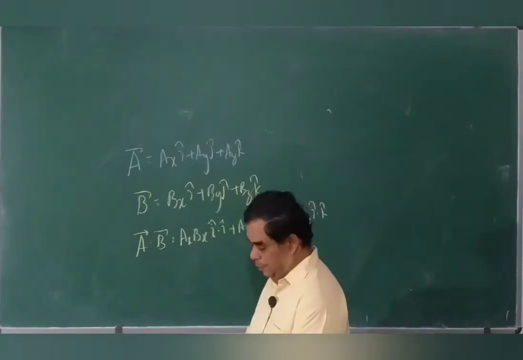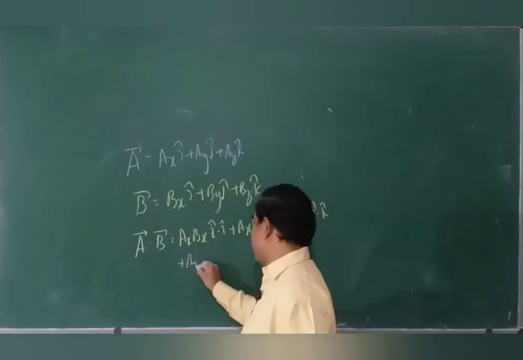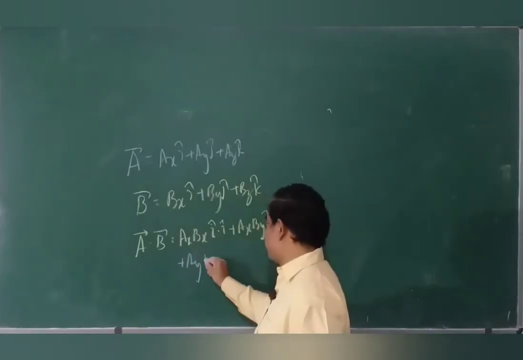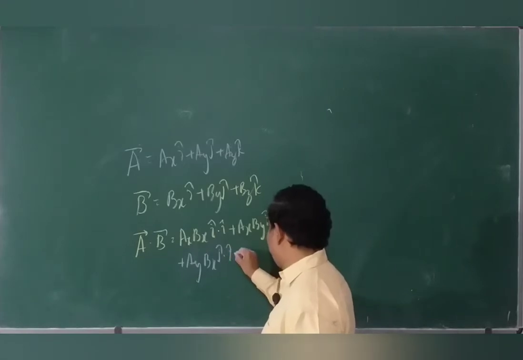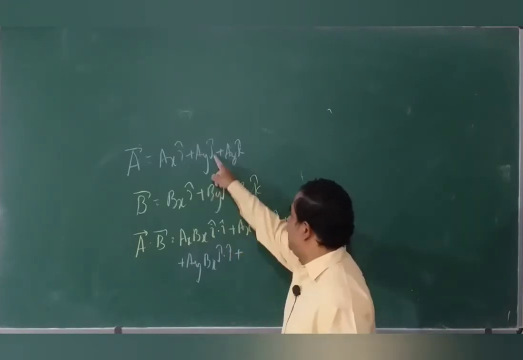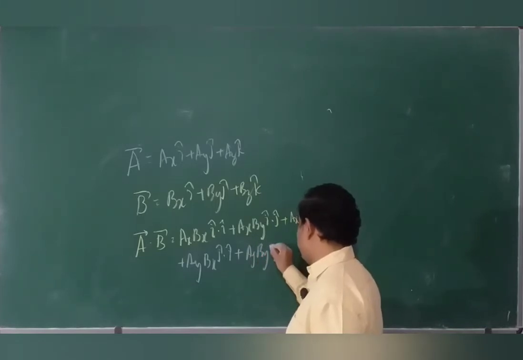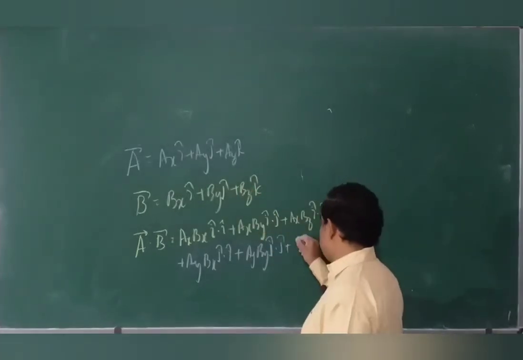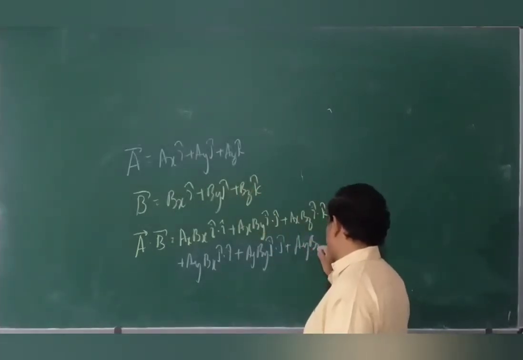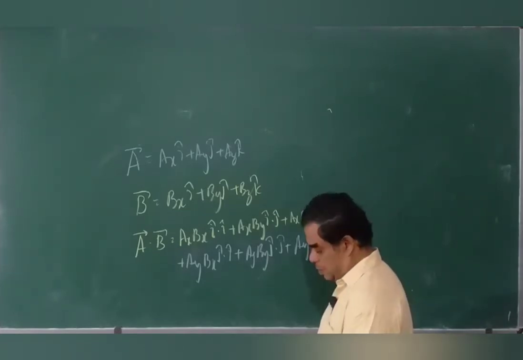Next, with Ay we write plus Ay with Bx first, j cap dot i cap, plus Ay By, j cap dot j cap, plus last one, Ay Bz, j cap dot k cap.